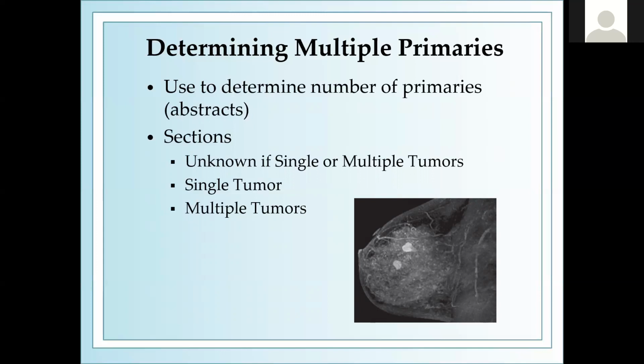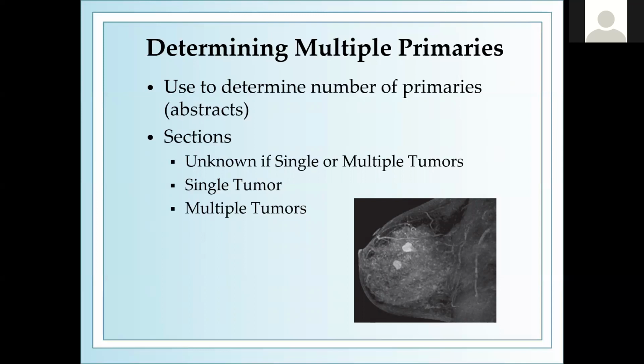The second section is the single tumor section, and this is where the patient has a single tumor in their primary site. So if the patient we're working on has one tumor in their primary site, we would go to that section. And then the third section is multiple tumors. We would go to this if the patient has 2 or more tumors in their primary site.